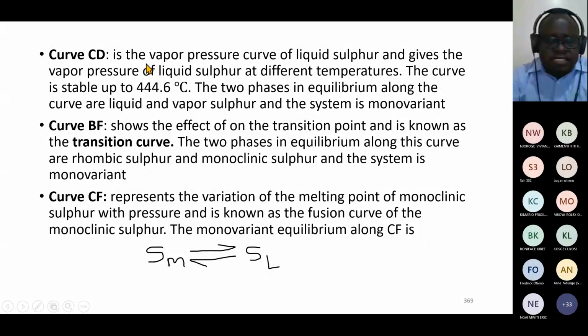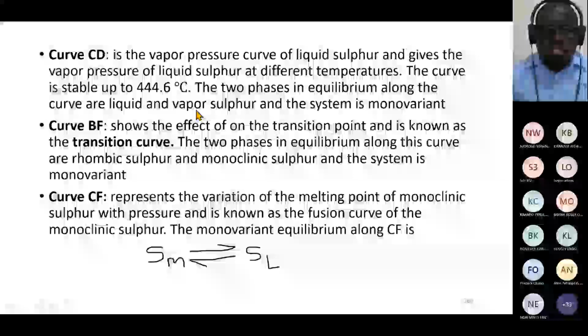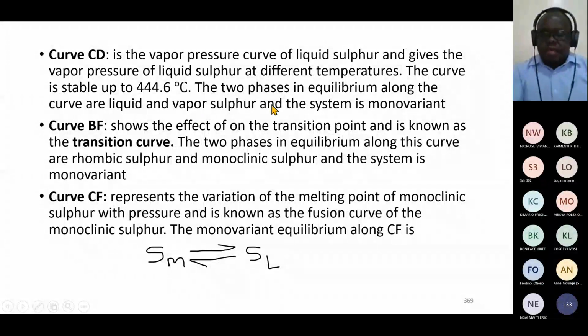CD is the vapor pressure curve of liquid sulfur, and it gives the vapor pressure of liquid sulfur at different temperatures. The curve is stable up to 444.6 degrees Celsius. The two phases in equilibrium along the curve are liquid and vapor sulfur. And we say that at this line, the system is monovariant. Essentially, the system along the curves is monovariant.